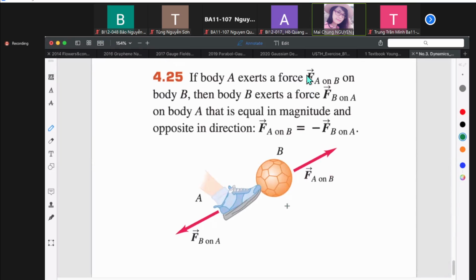In this case, we consider two objects, A and B. Let's see the force acting on A and the force acting on B. We have the figure here with the two objects, A and B. How about the force acting on B?